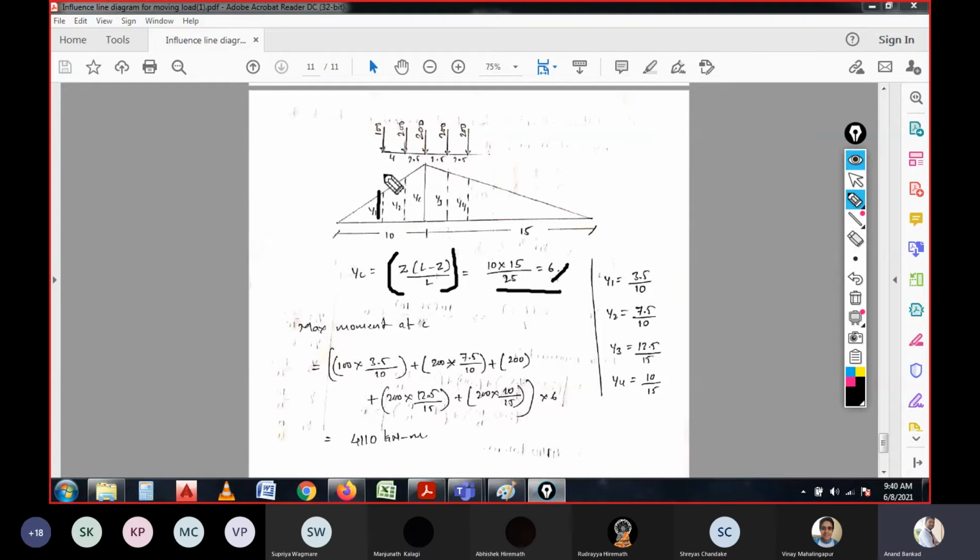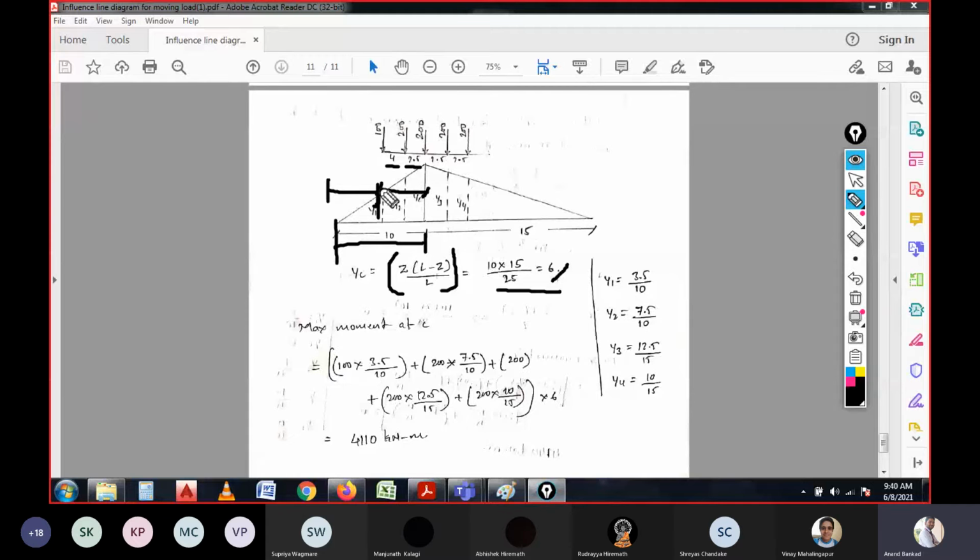So y1, if you calculate from the support here, how much will it be? 4 plus 2.5 is 6.5, minus 10, because we have the span of 10. We need to calculate the distance over here, and this is the total distance.